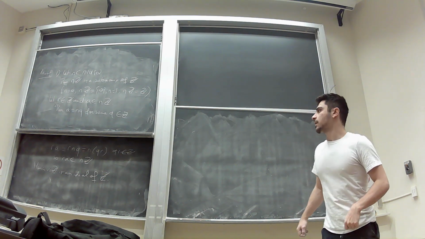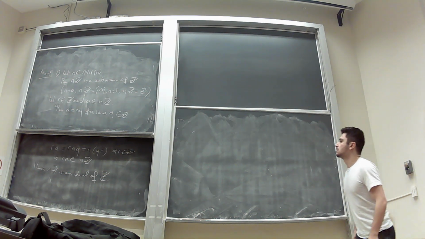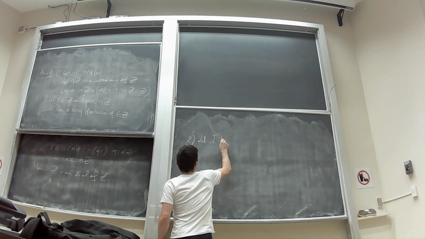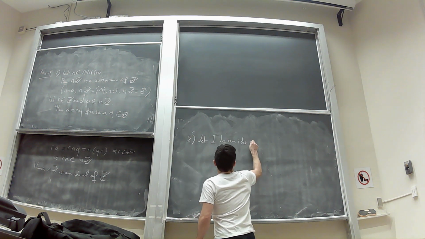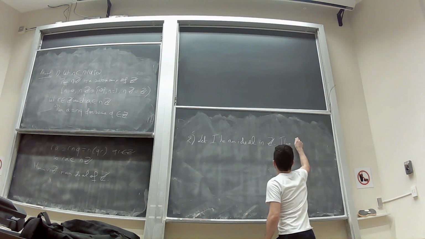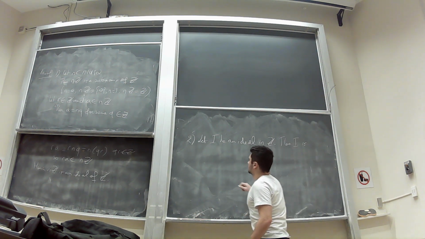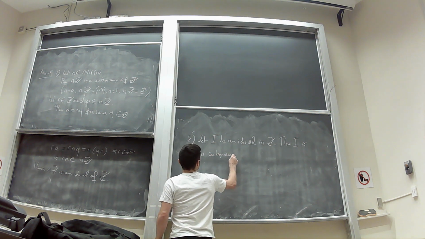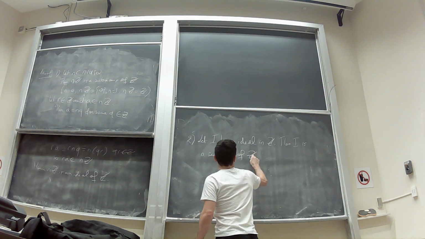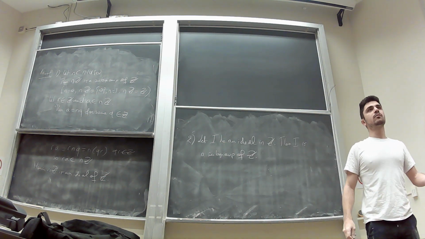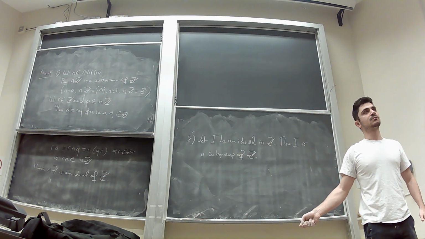Now 2 is easier. Let I be an ideal of Z. Then I is a subgroup of Z. What do we know about the subgroups of Z? They are of the form nZ for some n, right?